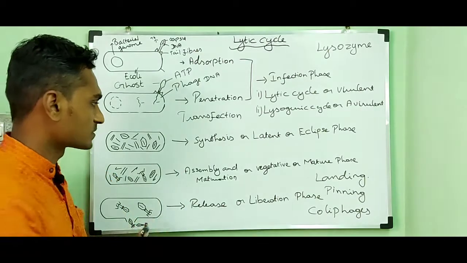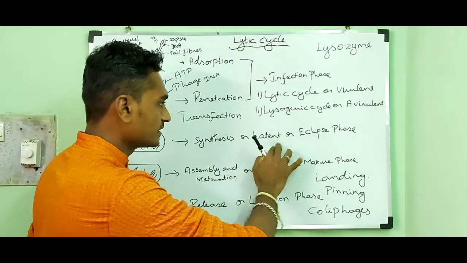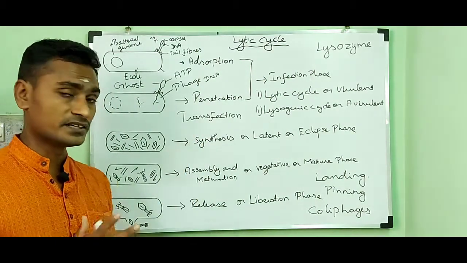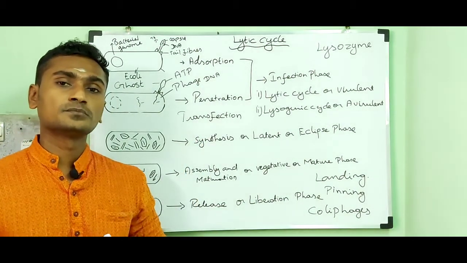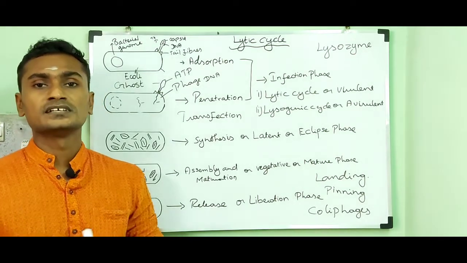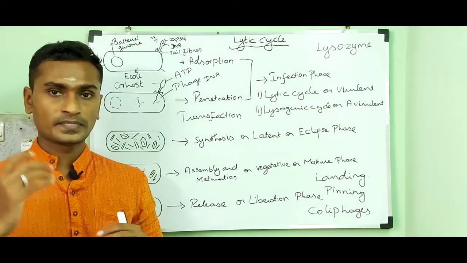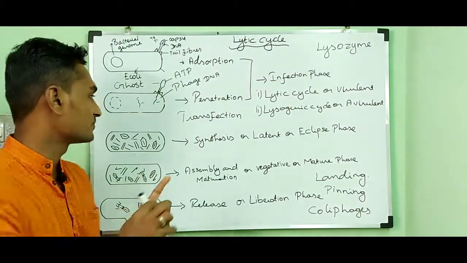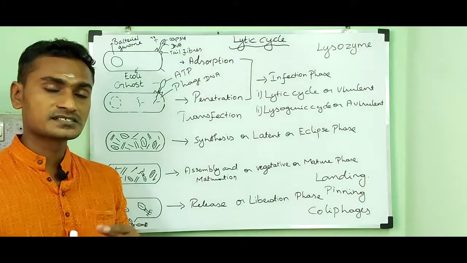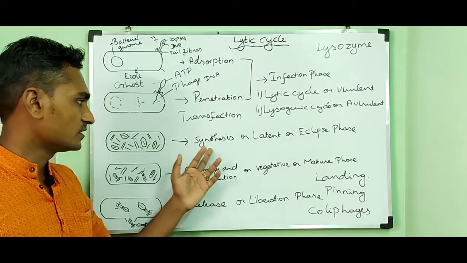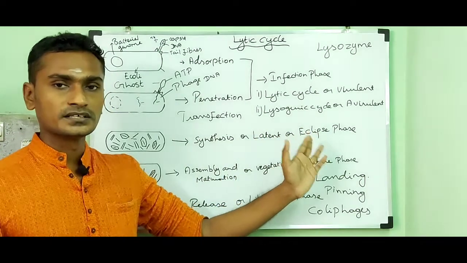That process is called the synthesis or latent or eclipse phase. So in the synthesis phase, the bacterial genome gets inactivated and breaks down, and the phage DNA takes over the biosynthetic machineries of the host cell.